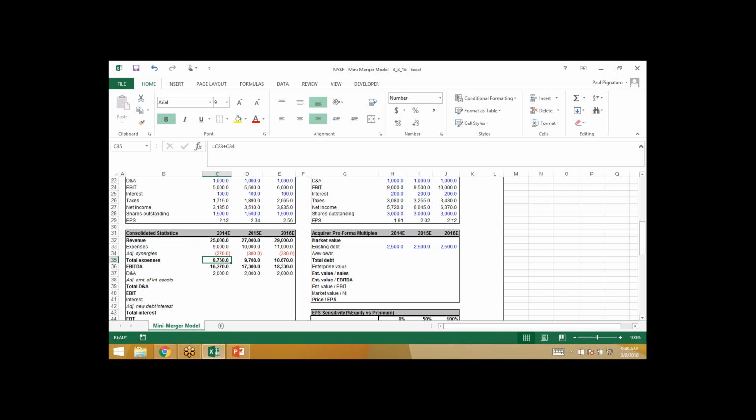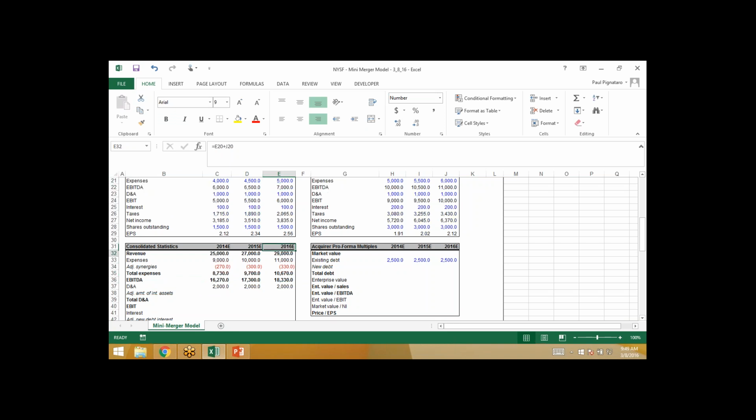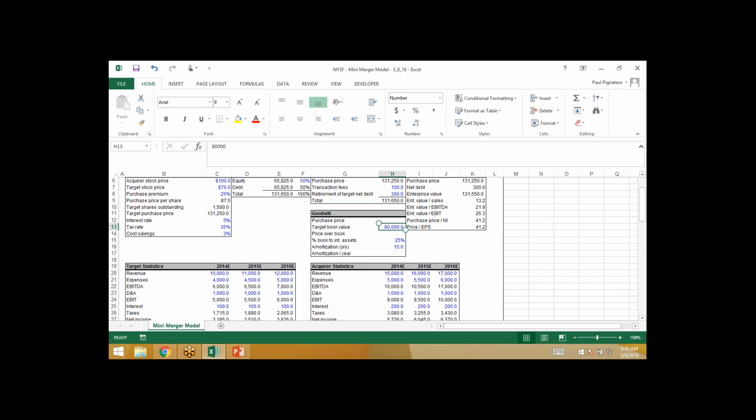Okay? And then we have to work on this adjusted amount of intangible assets. Okay? Yep, that we added, acquire plus target. Acquire plus target, just like all the other line items. Yep, acquire plus target.